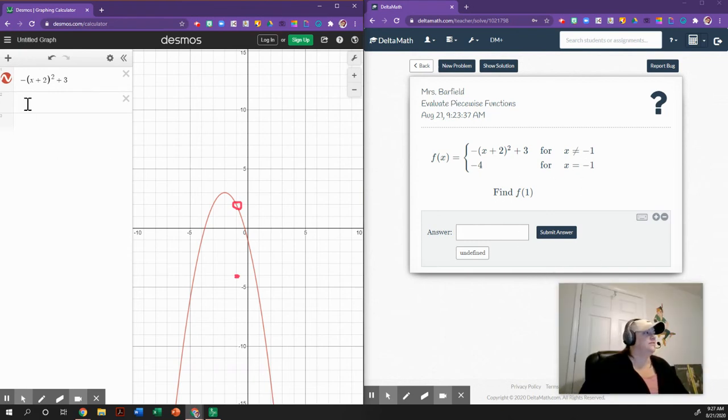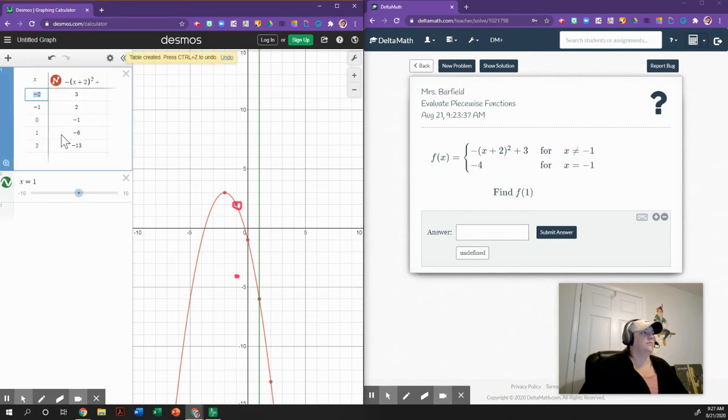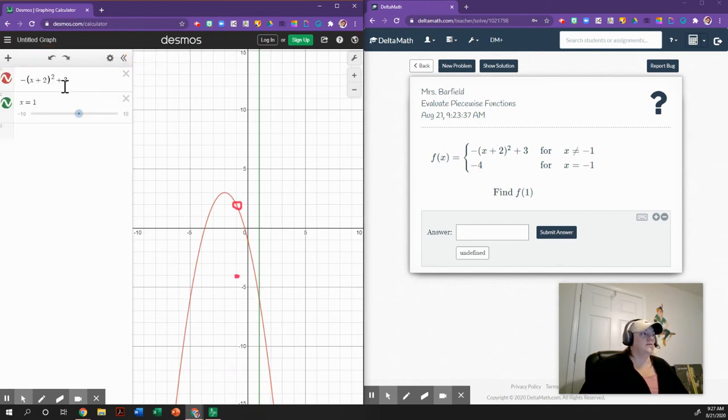Well, you don't have to do that. If you go right here, x equals 1, there you go, and look what happens. Or you can do what we were doing yesterday with the table. Convert it to a table. What happens when x equals 1? It's negative 6. So you've got those options.